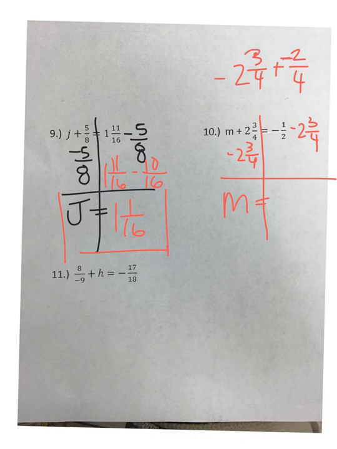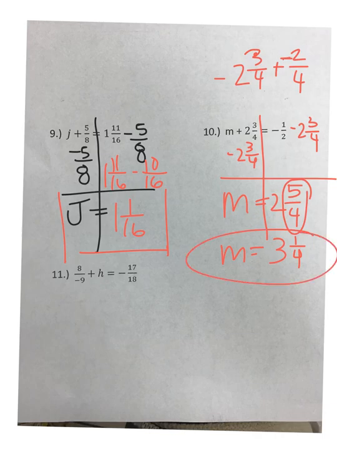So 3 and 2 would give me 5 as my numerator, and keep my 4. That is an improper fraction, so we need to change this. See how many times 4 can go into 5. It goes in 1 additional time, so your whole numbers become a 3 with 1 left over. So m equals 3 and 1/4. And it is going to be negative, because the original problem had 2 negatives.